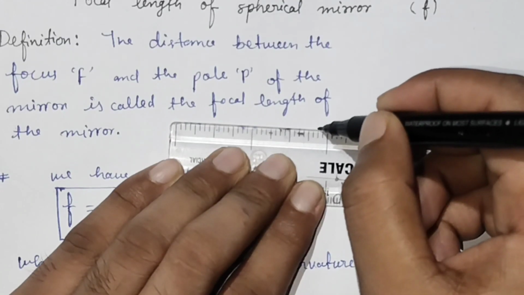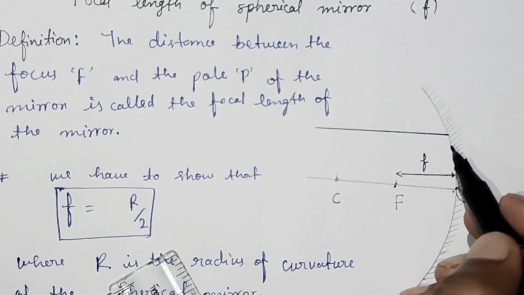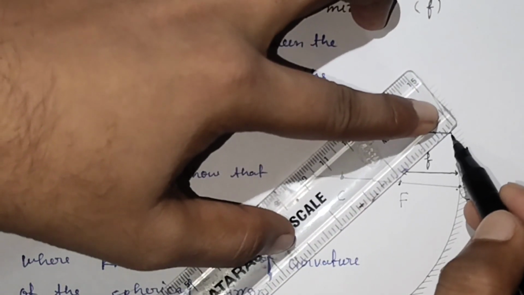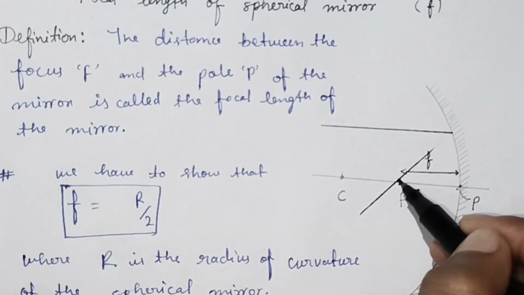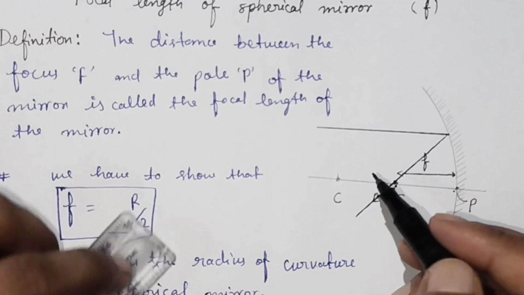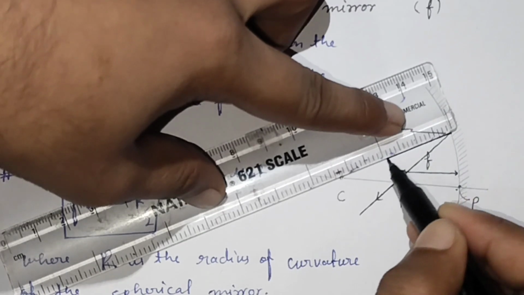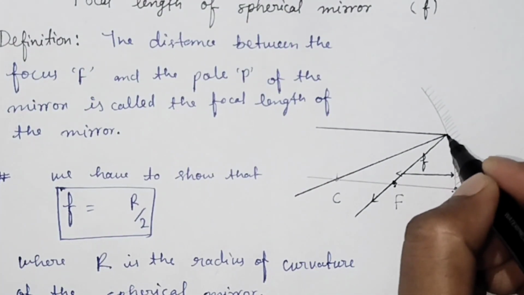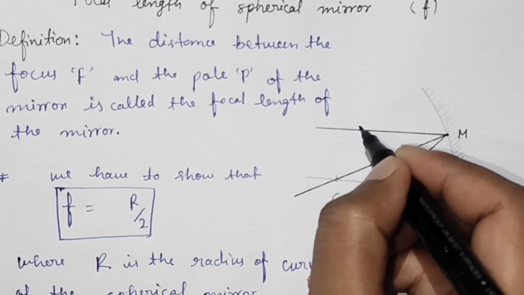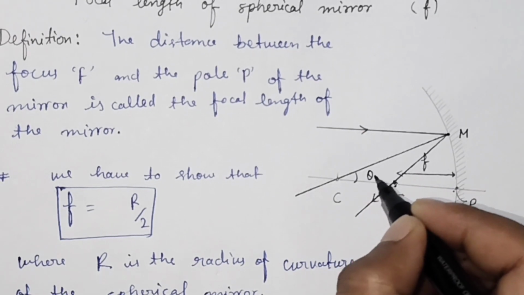Let a ray come parallel to this principal axis and strike the mirror. After striking, it goes through the focus point, and we draw a bisector through this point, and let this point be M. This is the direction of the ray, and this angle will be theta.